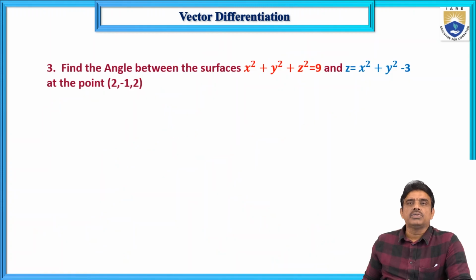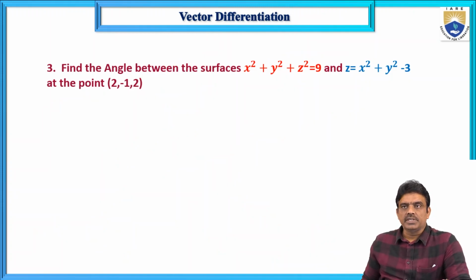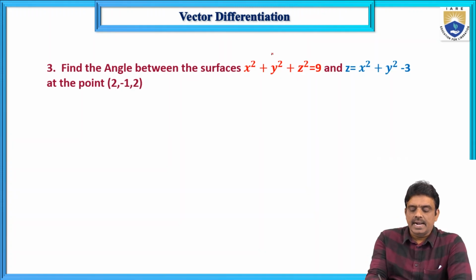Already in the last class we saw the angle between two surfaces. The first one is a sphere and the other one is another surface. We have to find the angle between the two surfaces. So the angle between them uses grad phi 1.